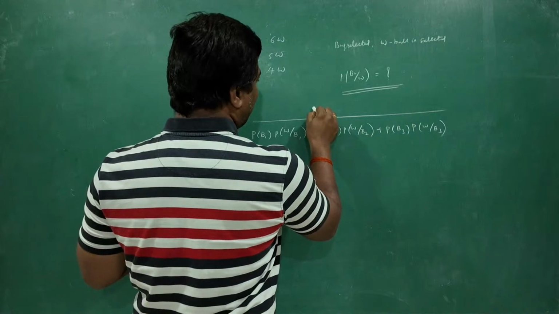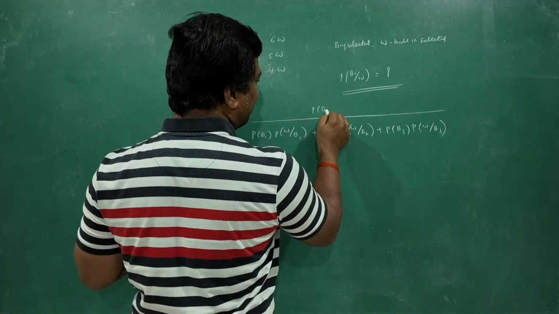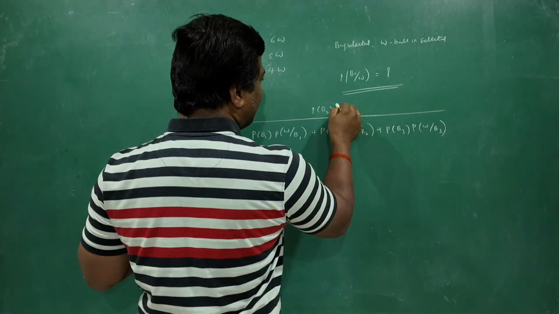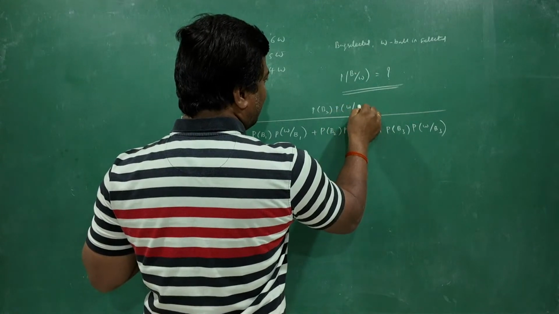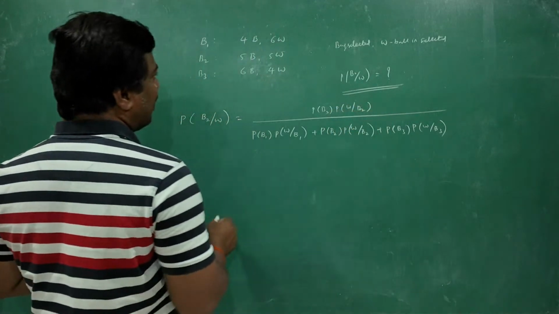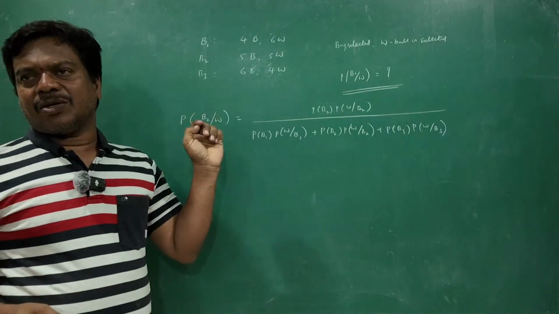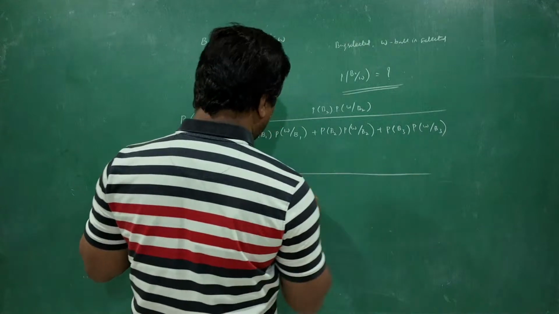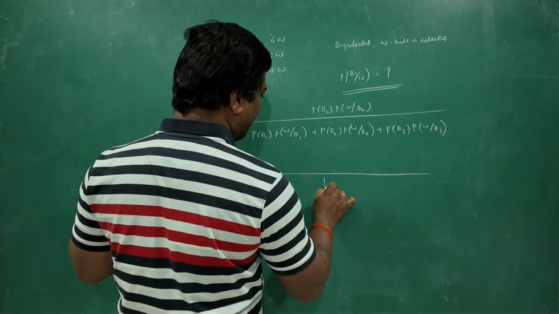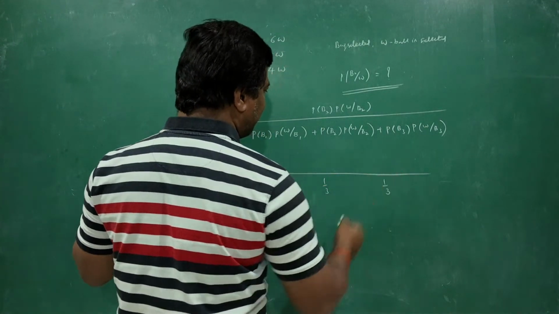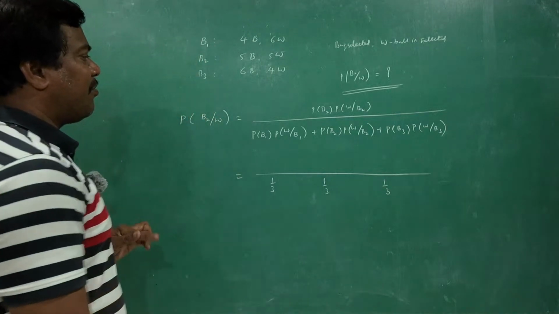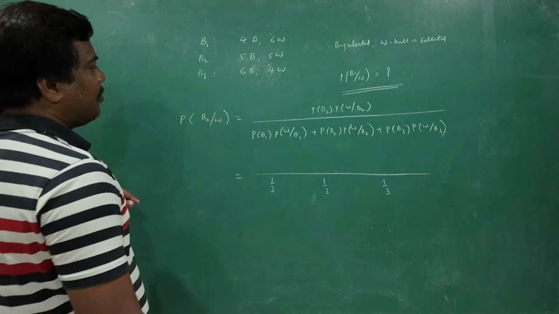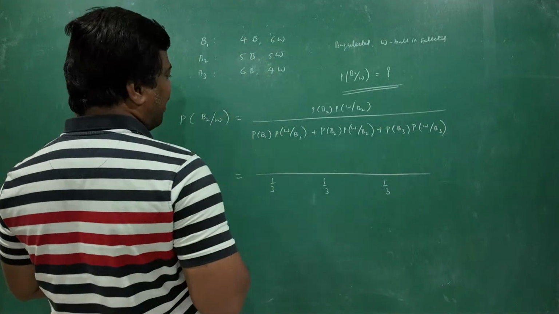So here the B2 favorable outcome is P of B2, P of W given B2. Okay, there are 3 bags, so the probability of selecting each bag is 1 by 3, 1 by 3, 1 by 3. So here P of B1 is 1 by 3, P of B2 1 by 3, P of B3 also 1 by 3. Next, from bag 1 we are selecting only 1 white ball.